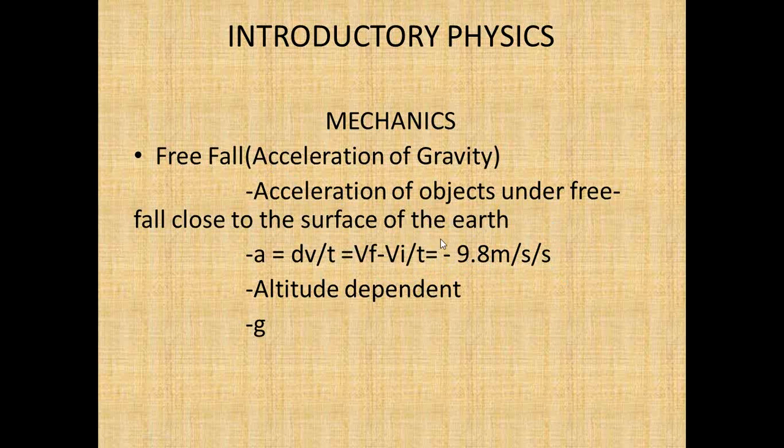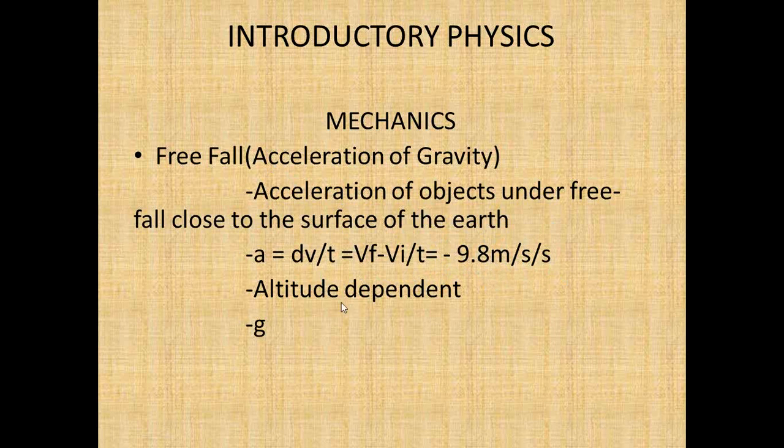This acceleration of gravity, or the acceleration due to gravity, is a change in velocity, 9.8 meters per second, every second. So every second, the velocity is going to increase by 9.8 meters per second.